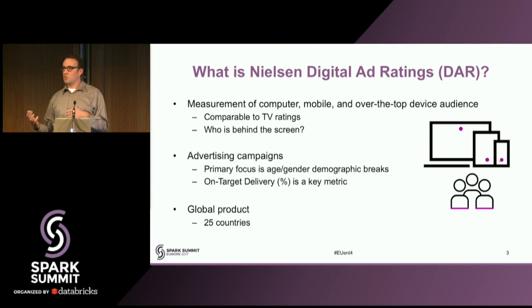Then we produce a rating for these ad campaigns, and the advertisers actually trade on what we call an on-target delivery or on-target percent, and that's our main key metric. If an advertiser targeted adults 25 to 49, and 80% of their ad impressions were served to that target demographic, their on-target percent would be 80%, which is a pretty good number.